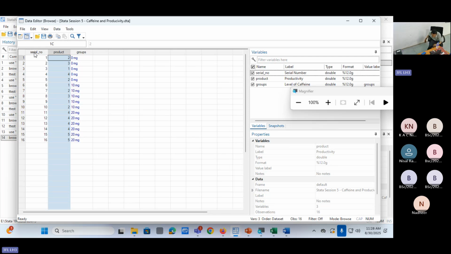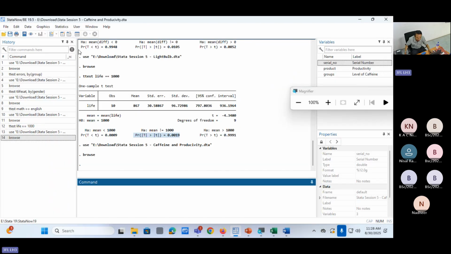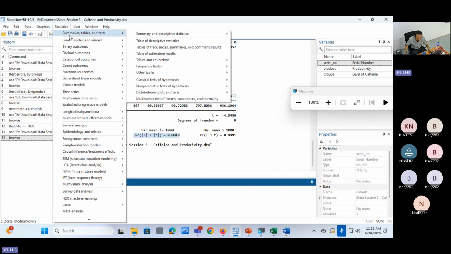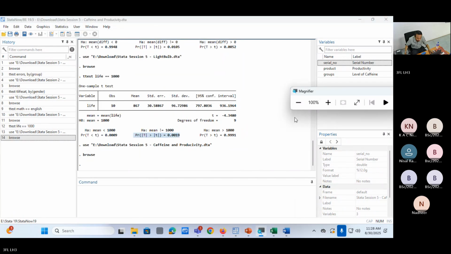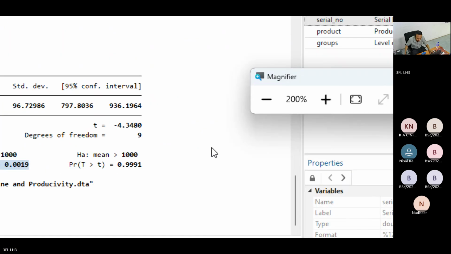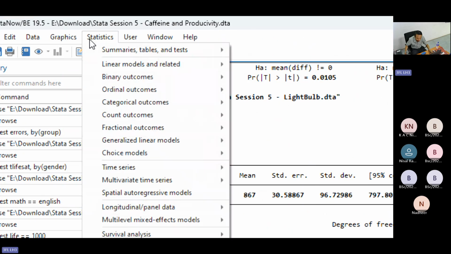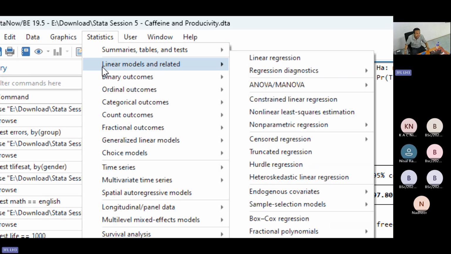Now let's see how to perform the analysis. To do that, go to statistics. Now don't go to summaries, tables, and cases. Go to statistics, then linear models and related.